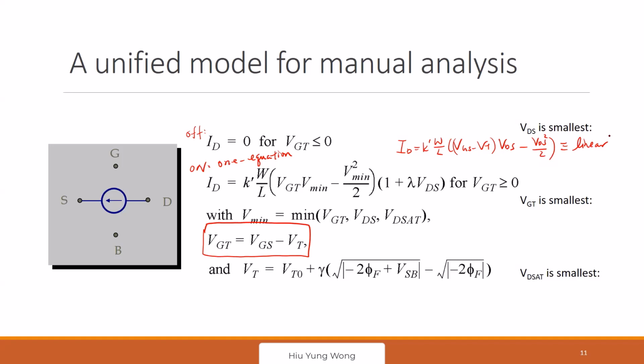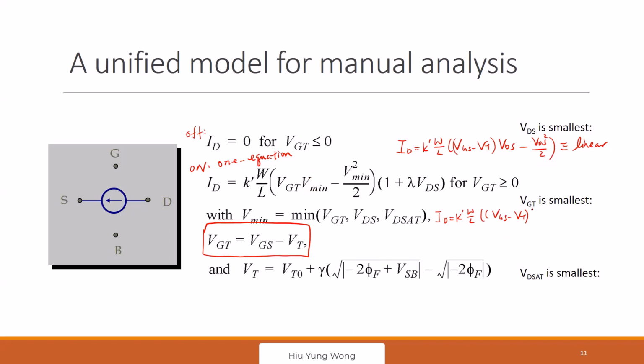Okay, what if VGT is the smallest? Let me just plug in K dash W over L, VGS minus VT. VGT is smallest, that means Vmin is VGT.